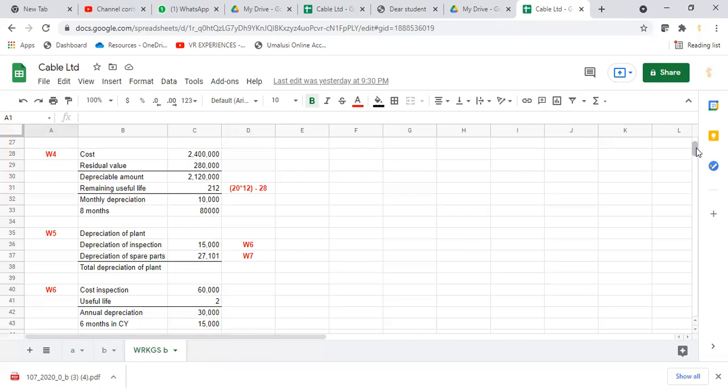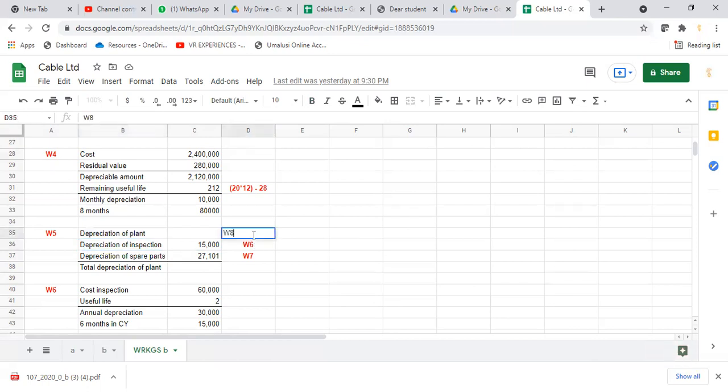Here we have depreciation, where these two amounts will be the plant and the spare parts. Those are the two assets that make up the plant category. But the plant is broken up into two components, the plant itself and then the inspection. So now we're going to do the plant calculation.